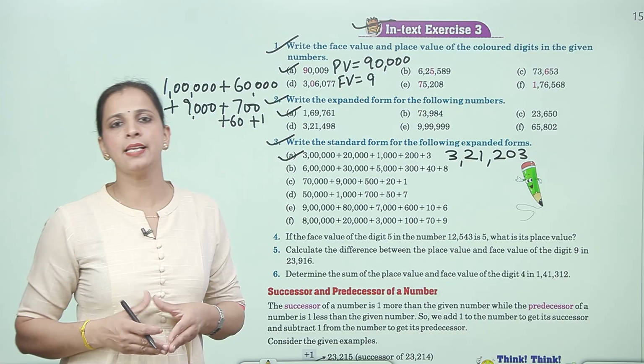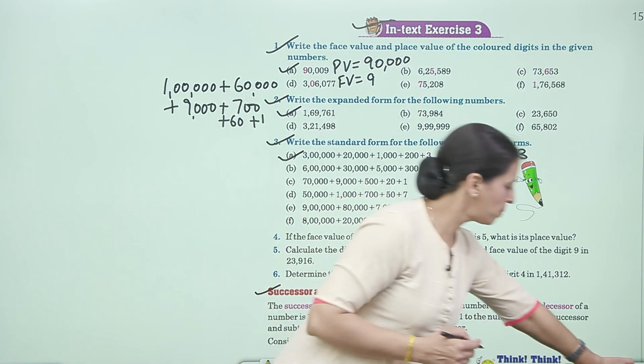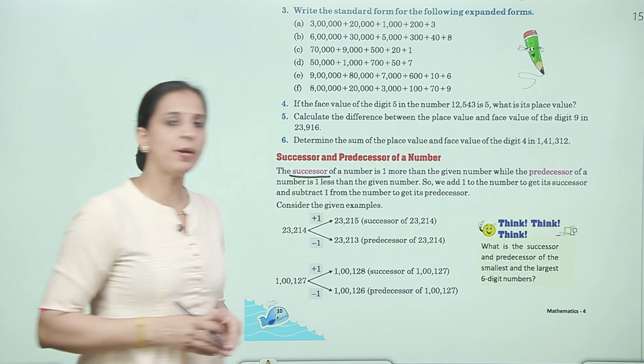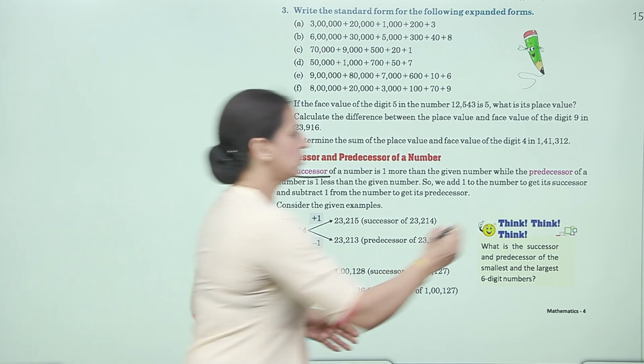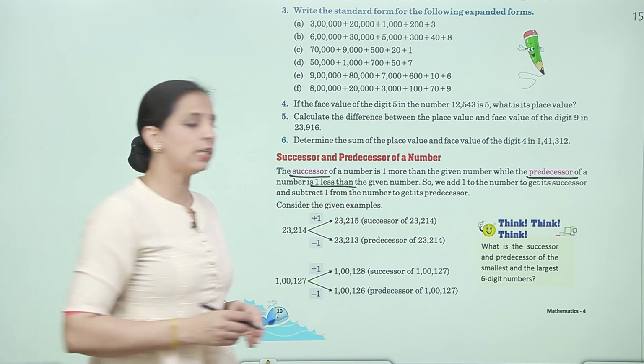Now next is successor and predecessor of a number. The successor of a number is one more than the given number, while the predecessor of a number is one less than the given number.